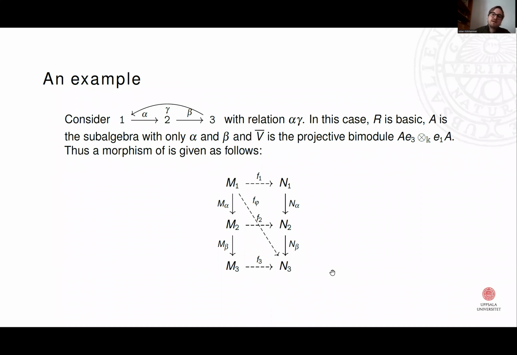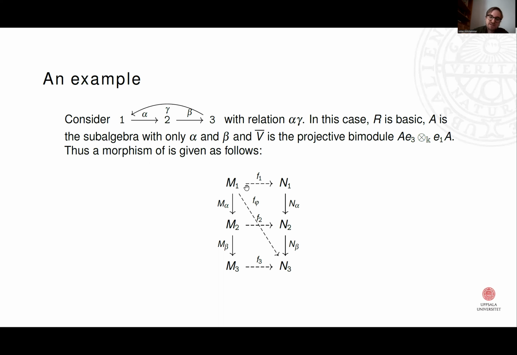Okay. And now I say this is a morphism of quiver representations. So you have this quiver representation of A, right? So A is just the path algebra of this usual A3 quiver. So it's just this tuple of vector spaces, M1, M2, M3, together with these linear maps, M alpha and M beta, and the same for N. And now what is a morphism from M to N?